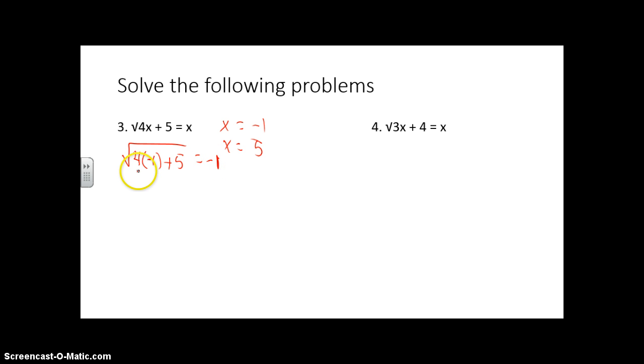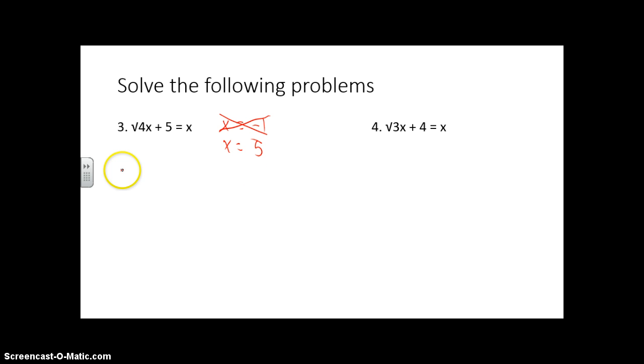Well, let's see. 4 times negative 1 is going to give me negative 4, plus 5. So I have the square root of 1 equals negative 1. That is not true. So x equal to negative 1 does not make that a true situation. Let's now plug in 5 for x and see if that makes it true.